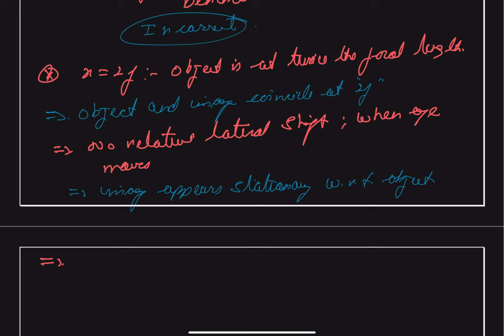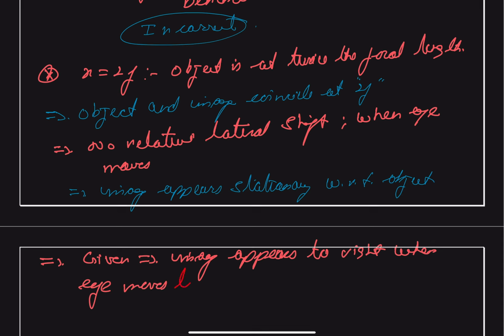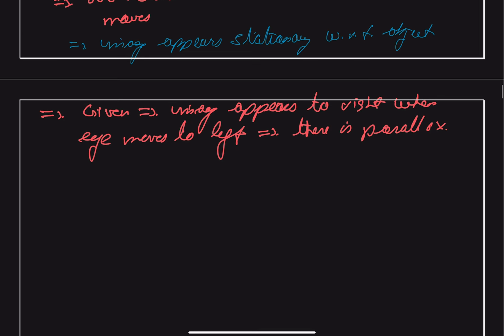Given that the image appears to the right when the eye moves to the left, we can say there is parallax. So this option is also incorrect.